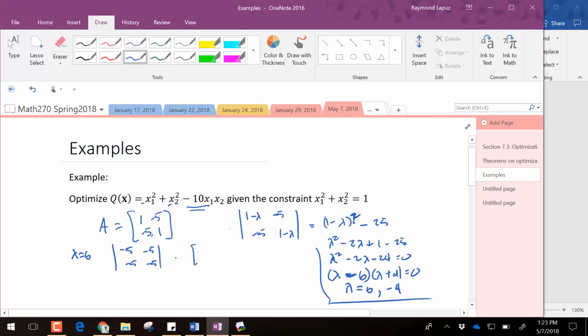So your v vector is going to be 1, -1. If we want to make this into a unit vector, it's 1 over root 2, negative 1 over root 2.